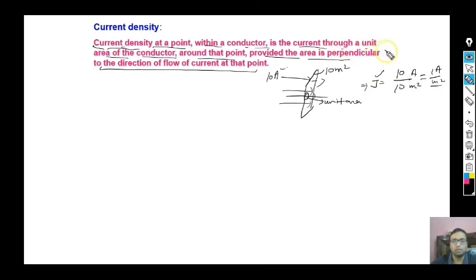The important term is that the area is perpendicular to the direction of flow of current. It is basically saying that the surface of the area should make 90 degrees, not the area vector.